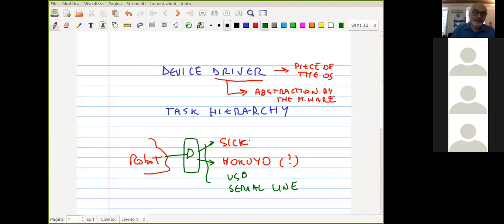But the fact that you are interfacing one of those using this, with respect to this, is a matter of the device driver. The device driver is embedded in the operating system, and once you connect to one of the lines, you have a small piece of code that reads and sends the data.